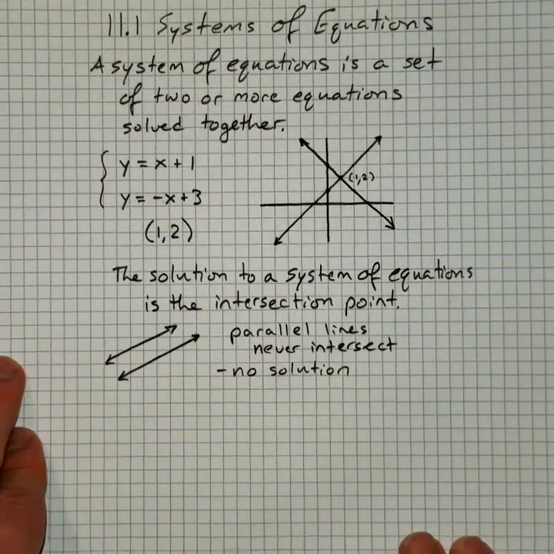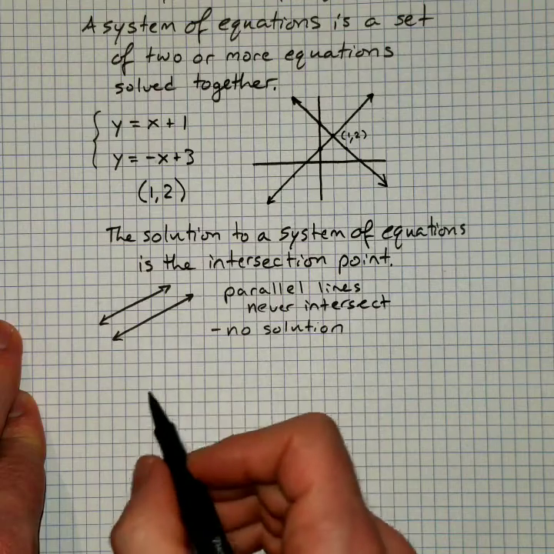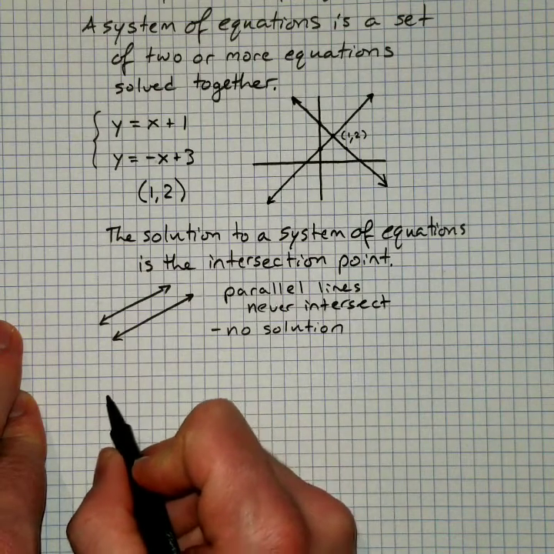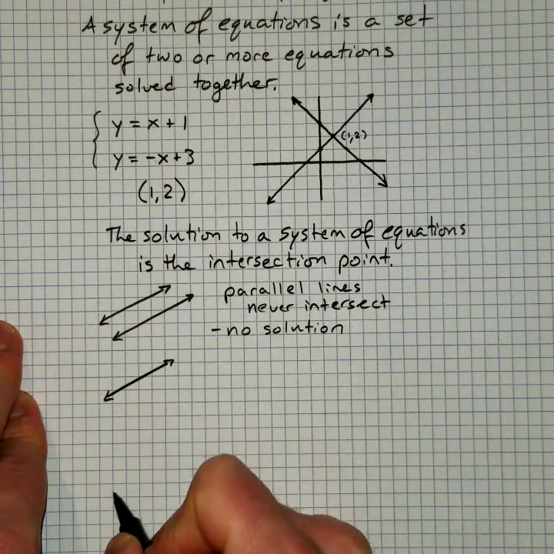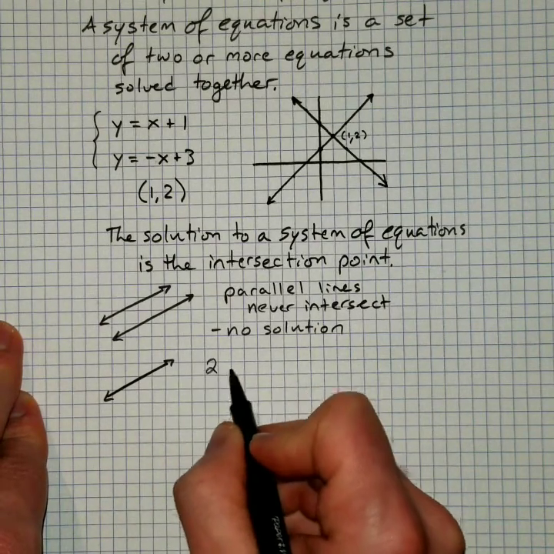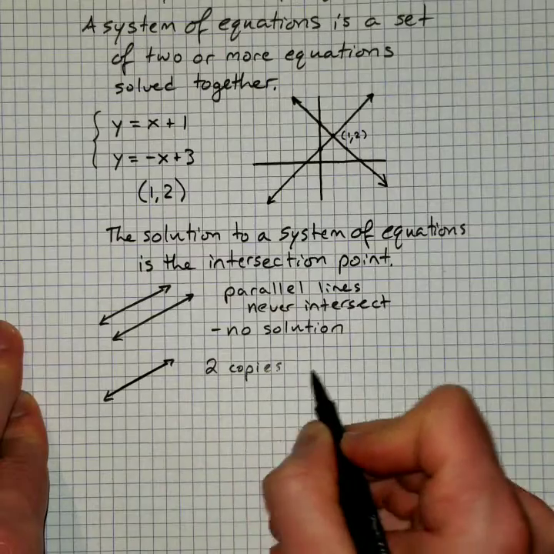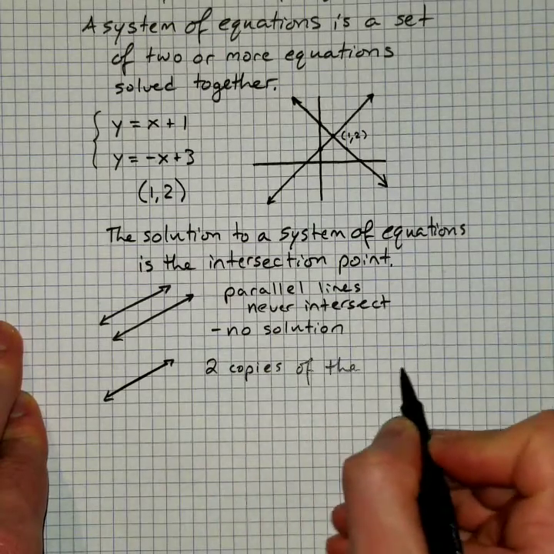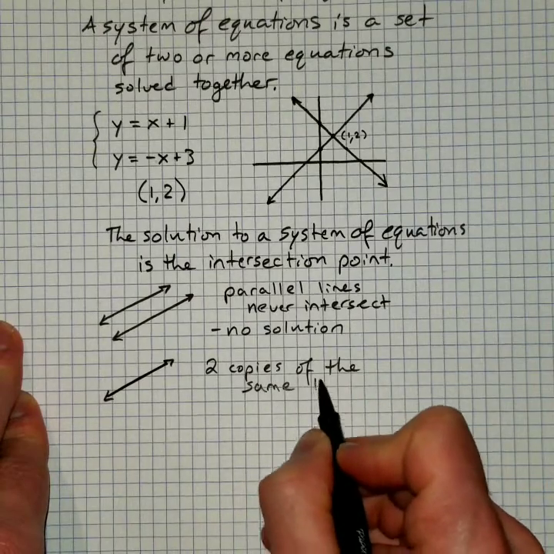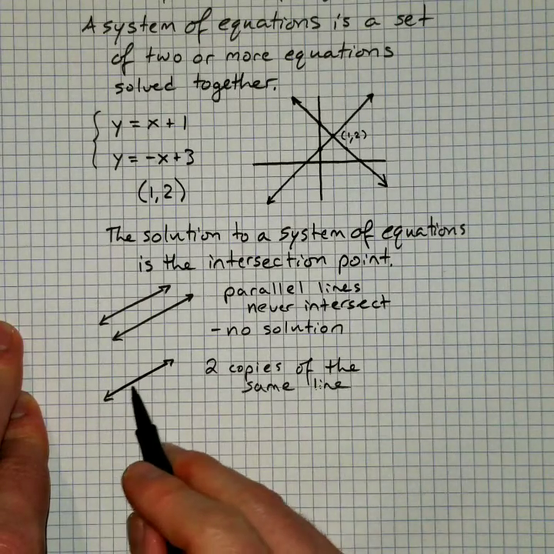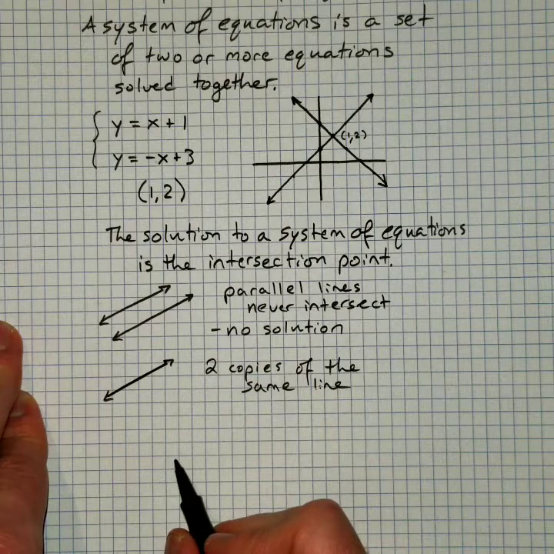Also, another weird scenario is where you may have two copies of the same line. And if you have two copies of the same line, then every point on the line is an intersection point.